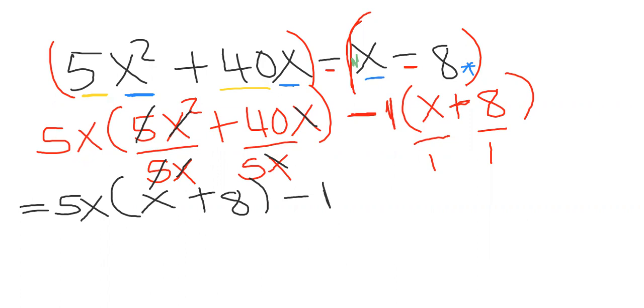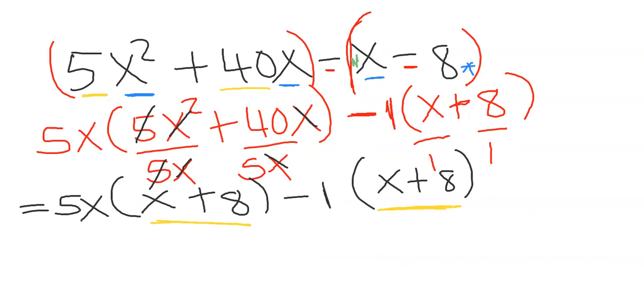Then we go this side. We still have our 1 there. Then we are dividing the x plus 8 by 1. Like I said earlier, everything that you divide by 1 remains the same. So we now have x plus 8 this side. What is inside the brackets here is the same as what is inside the brackets there.